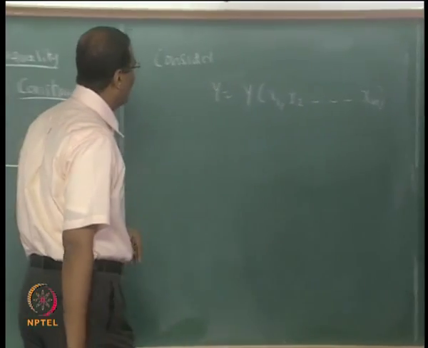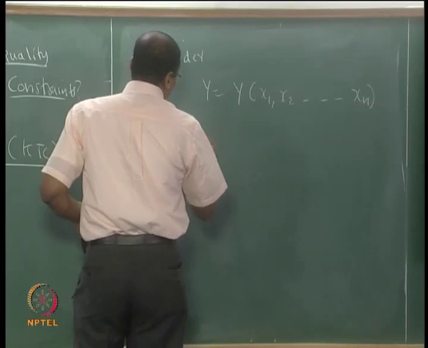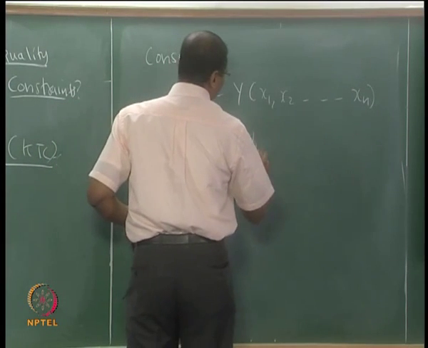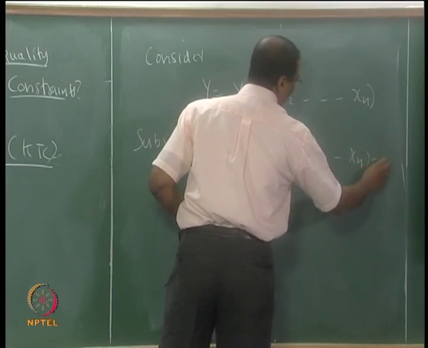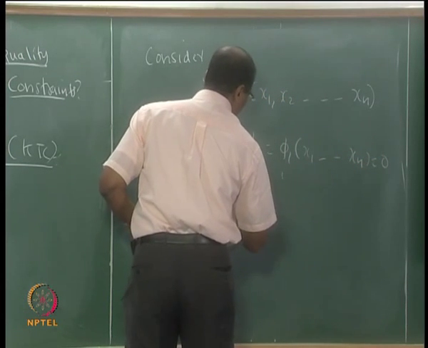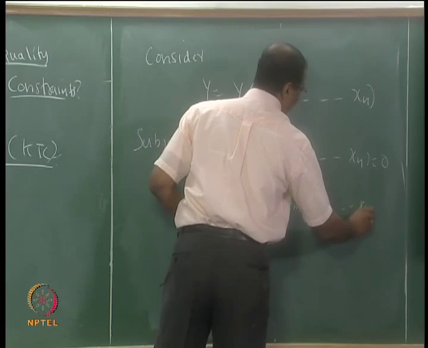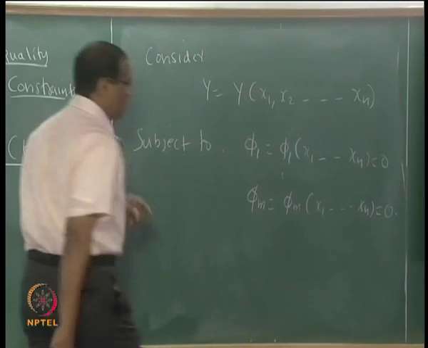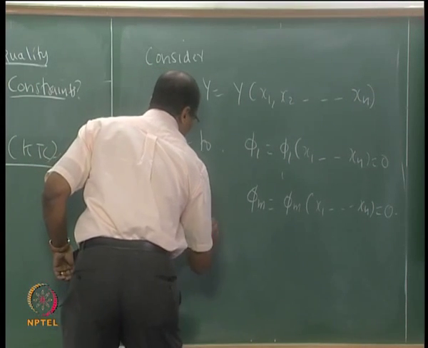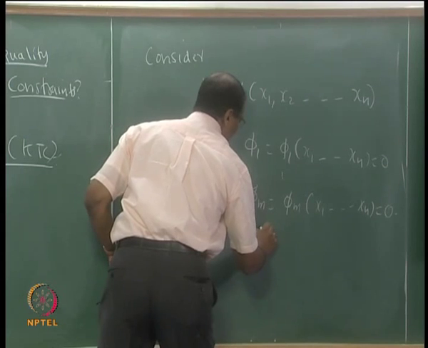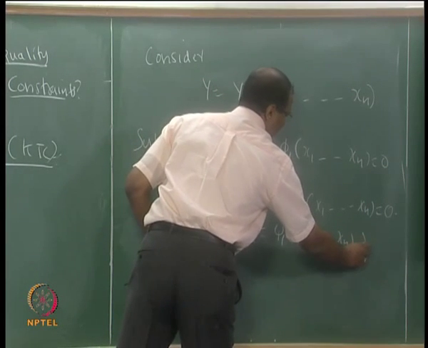So consider y equal to a function of x1 to xn, subject to equality constraints, and x greater than or equal to 0.